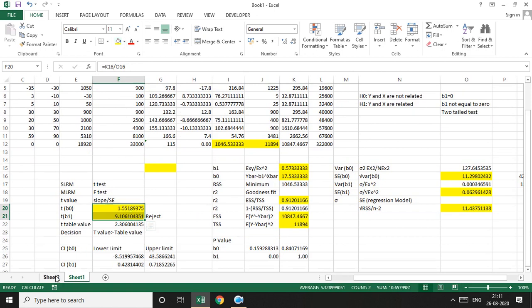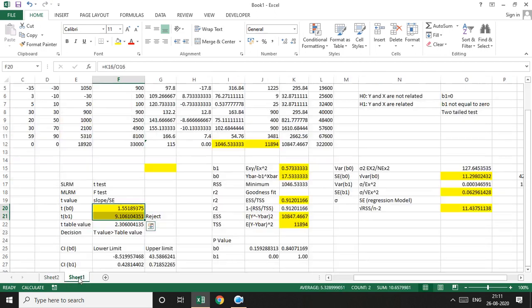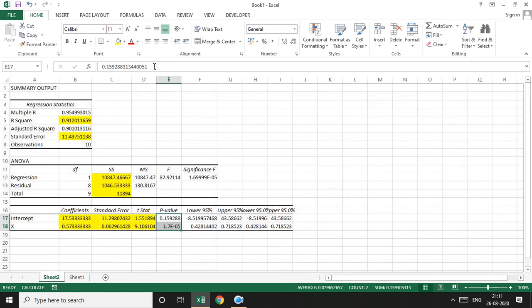Then p values 0.159 and 0.000. We are getting the same p values. Then look at these values: minus 8.59 to 43.58, and 0.4289 to 0.718529.